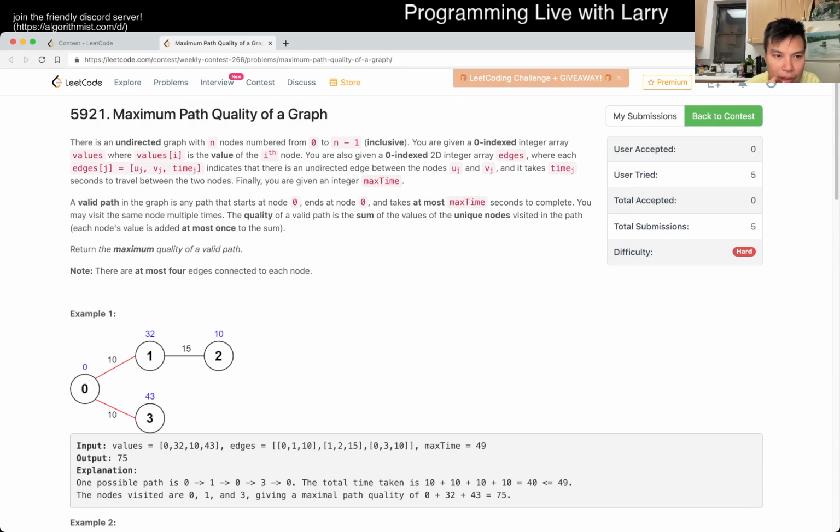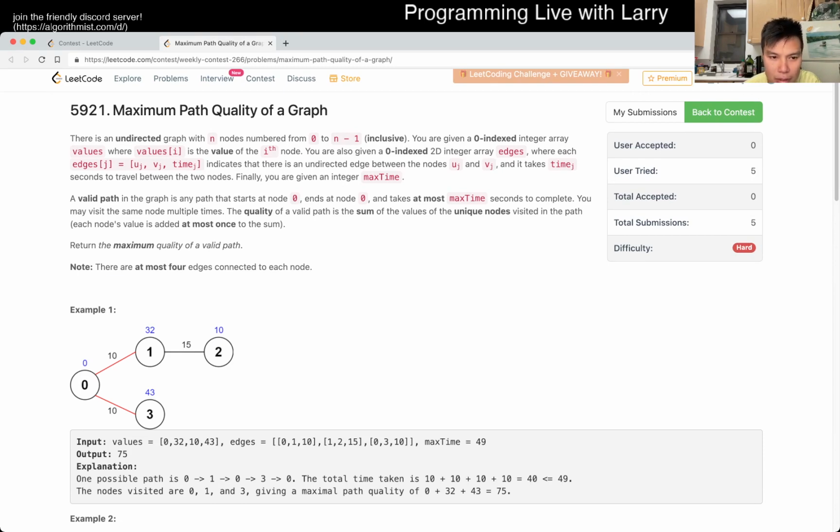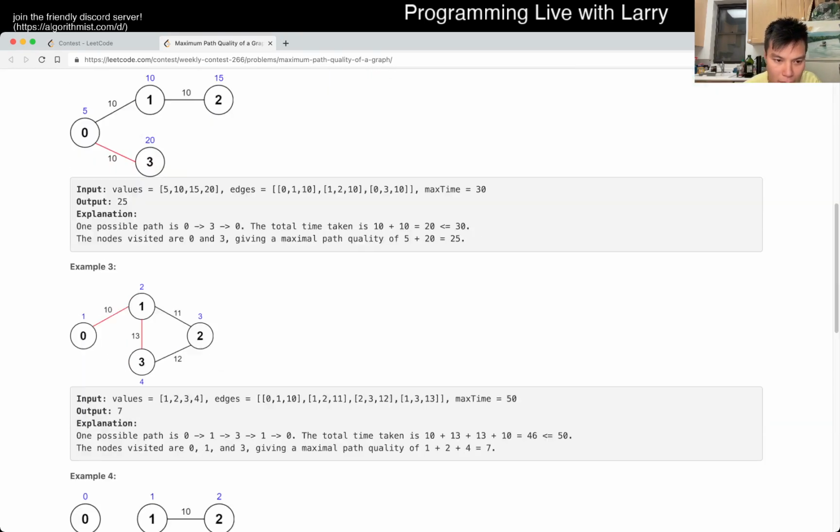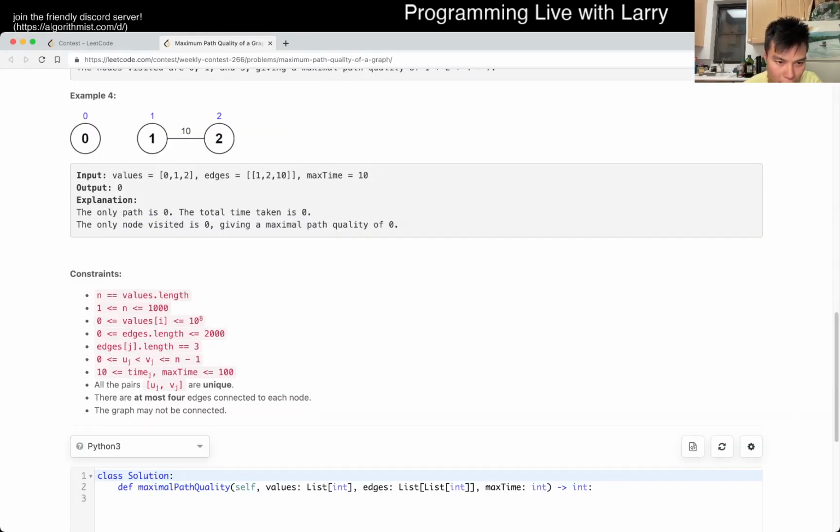Surprised no one finished this yet. Maximum quality of a valid graph. Got the constraint first, years 2000.